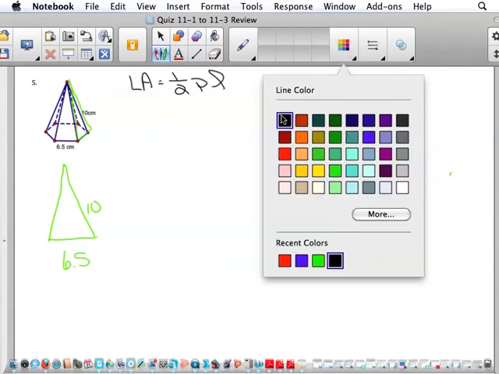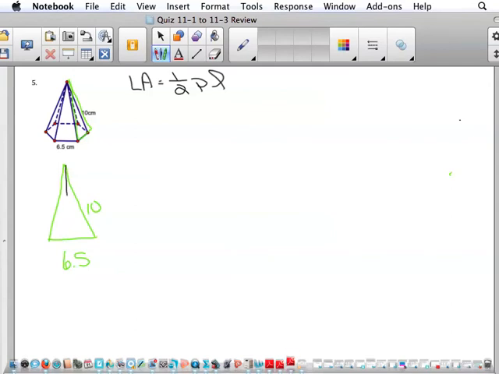What we need to find is this slant height that is perpendicular to the base. So I'm going to put in that height, bisect this, so it's 3.25, and I need to find this slant height right here. So I have 3.25 squared plus L squared equals 10 squared.